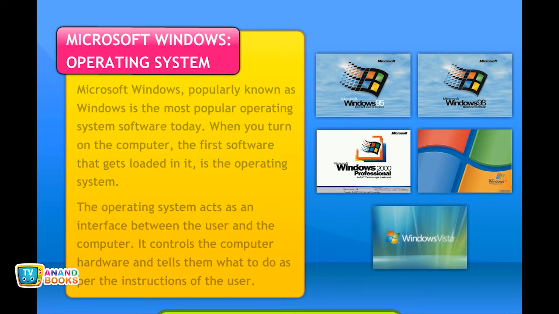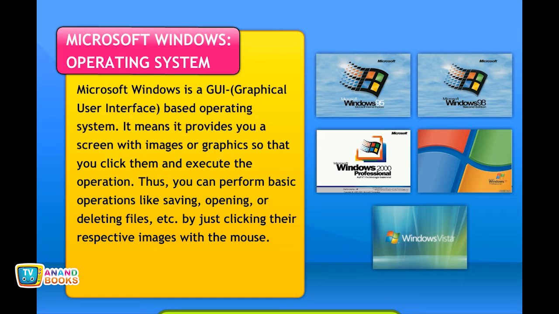Microsoft Windows is a GUI, Graphical User Interface, based operating system. It means it provides you a screen with images or graphics so that you click them and execute the operation. Thus, you can perform basic operations like saving, opening or deleting files by just clicking their respective images with the mouse.